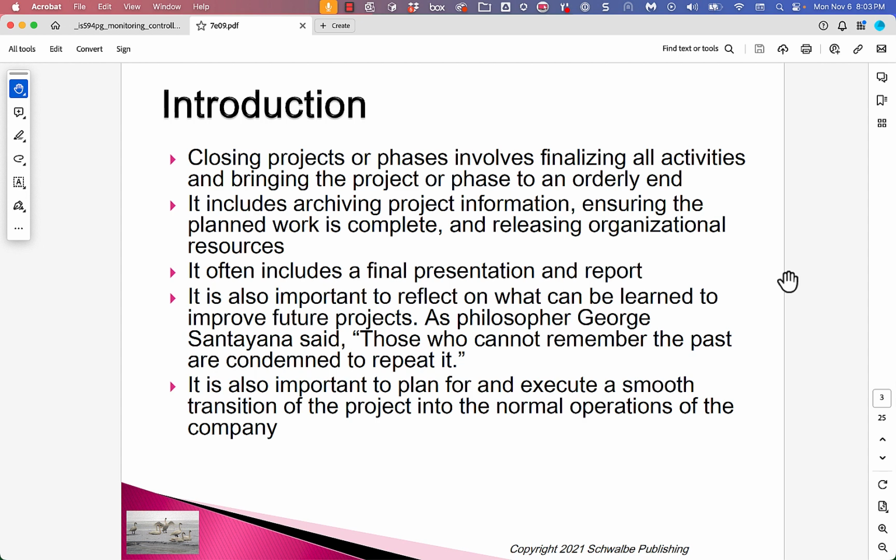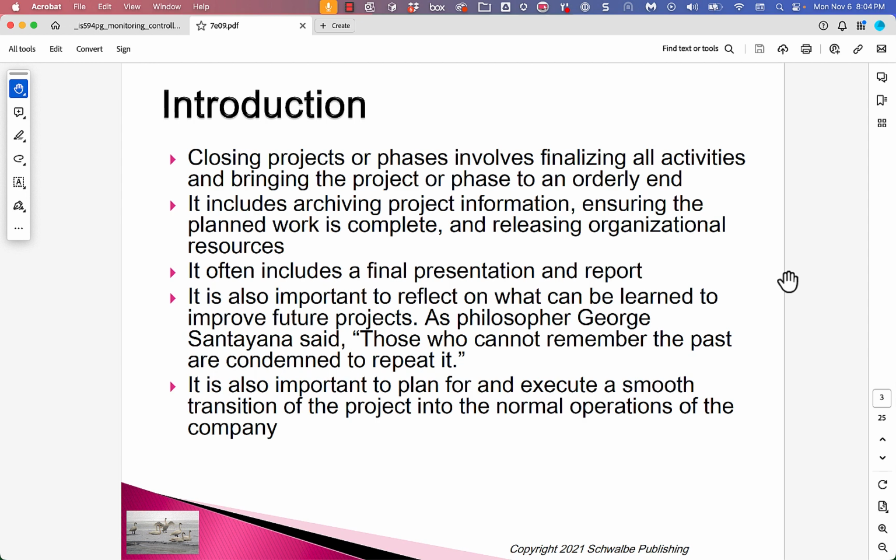If you look at the process groups, which ends with closing, they say, and this is an interesting way to look at it, you can think of these as things that apply in some kind of chronology over the life of the project. But you can also think of these things as applying in some way to each phase of a project.